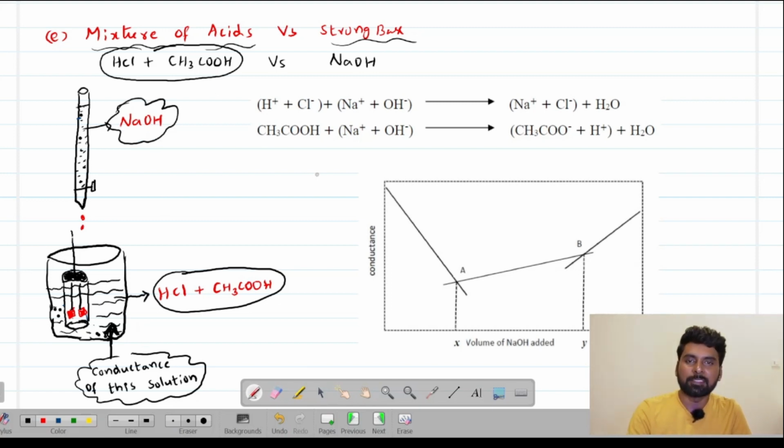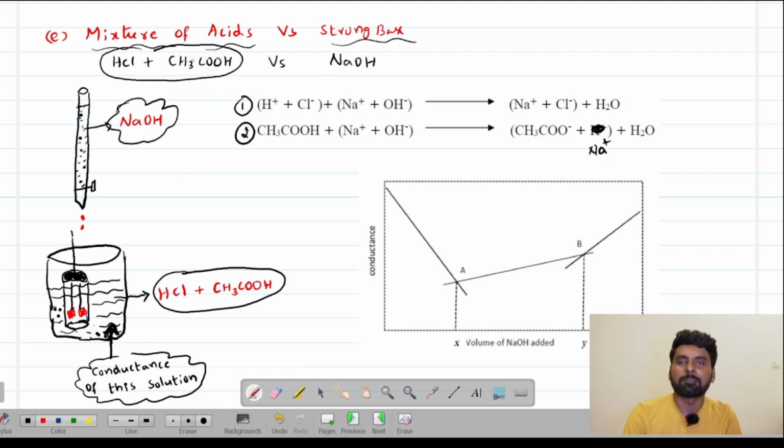Before going for that explanation, let me change, this is Na plus. Just take a general guess. If HCl and acetic acid are both in the same beaker and you start adding NaOH, which reacts first with NaOH? The answer is simple, the stronger electrolyte will always react first. So HCl reacts first. Once HCl is entirely over, then acetic acid reacts.